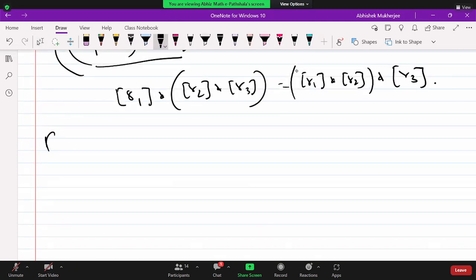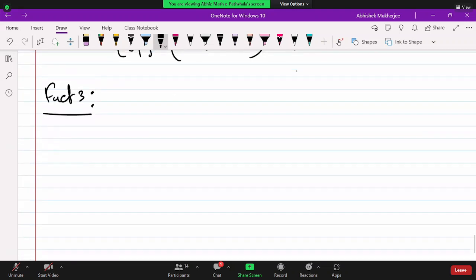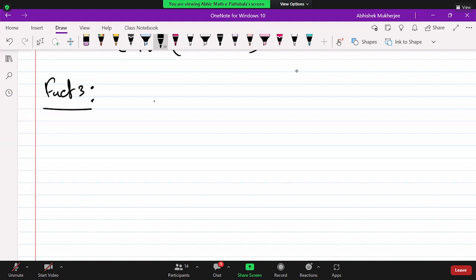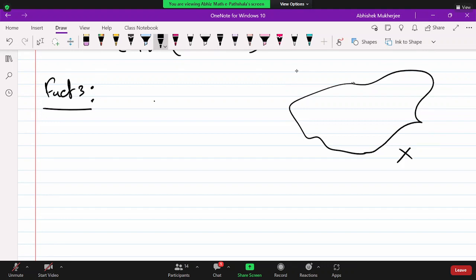Now, fact 3, after doing this, for any path, suppose you take a space X, so you are taking a path gamma from X0 to X1. After considering this gamma, you can always have a path from x1 to x naught just by changing the orientation.